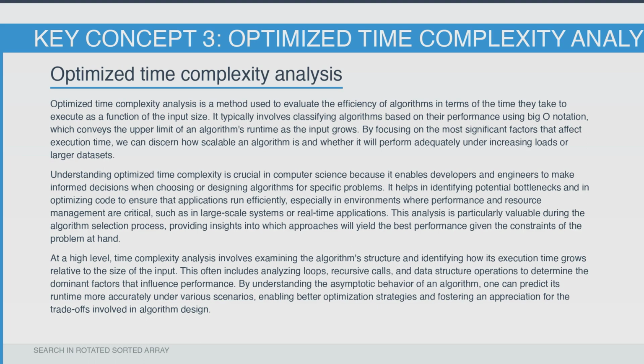Understanding this concept is critical in computer science because it guides developers in selecting or designing algorithms suited for specific tasks. It helps identify potential bottlenecks in code, ensuring applications run smoothly, especially in performance-sensitive environments like large-scale systems or real-time applications. Analyzing time complexity involves examining an algorithm's structure, including loops.